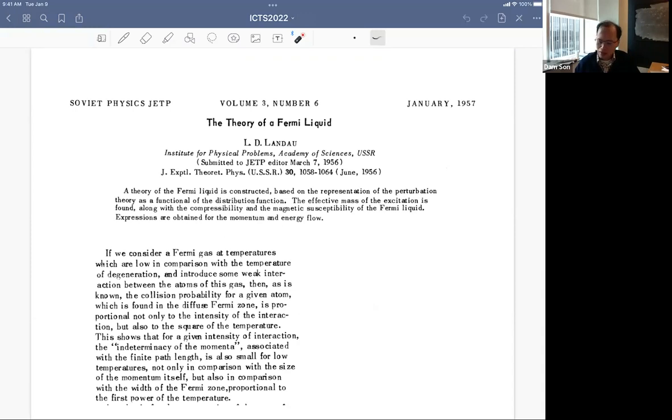In his seminal paper on Fermi liquids, Landau explained that the free behavior that we observe in metals is not the behavior of the original electrons, but the behavior of quasi-particles. So in Landau's picture, in momentum space, we have a Fermi sphere. Here is Px, Py.